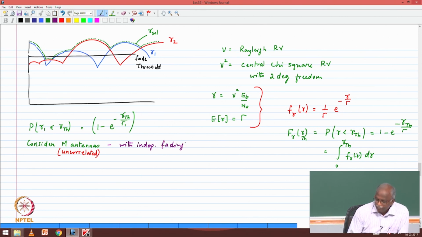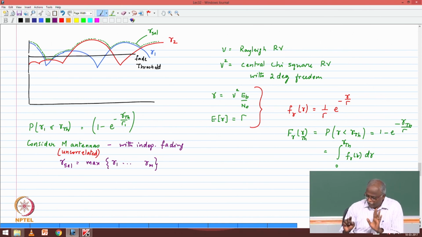Under this assumption and the fact that you are doing selection diversity, gamma selection is the maximum of gamma 1 through gamma M. You're going to choose over all of these M antennas, and the probability that your gamma selection is less than the threshold means that even under gamma selection, you are in a fade. So it is the probability that gamma 1 to gamma M, all of them are less than or equal to gamma threshold.